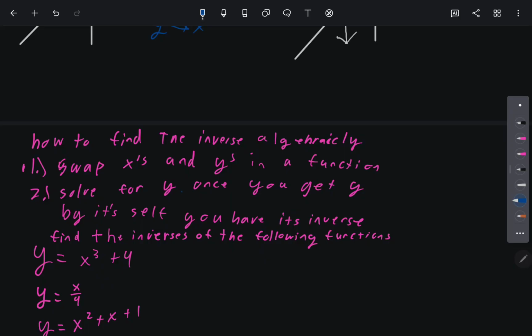Once you get y by itself, you will have the inverse. You will have its inverse, period.